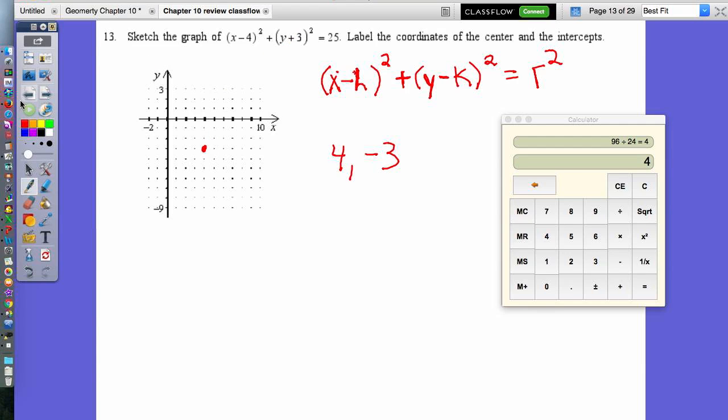Now I want a radius of 5. So the easiest way to do this is to count 5 spaces to the right, to the left, up and down from the center of the circle, and then just connect them. 1, 2, 3, 4, 5.